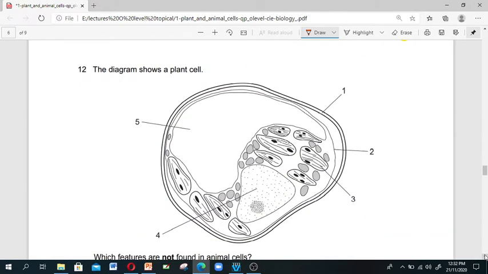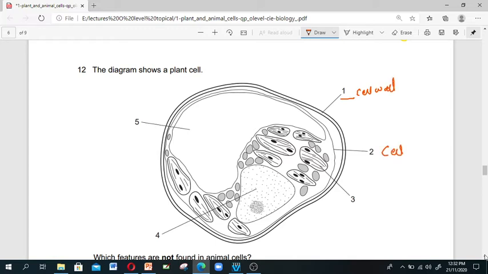Now MCQ number 12. The diagram shows a plant cell. This is again the plant cell. Structure A is showing the cell wall. Structure B is showing the cell membrane, and you can observe this is a plasmolysed type of cell, because between the cell membrane and cell wall there is space, so this is a plasmolysed cell and it has less water.